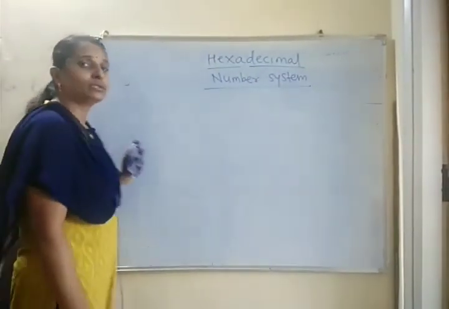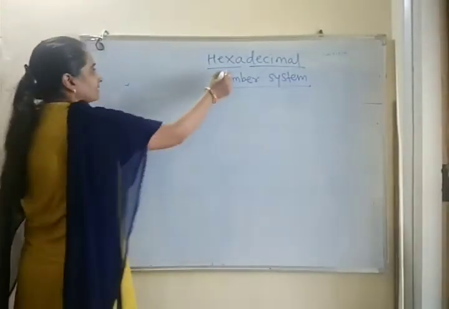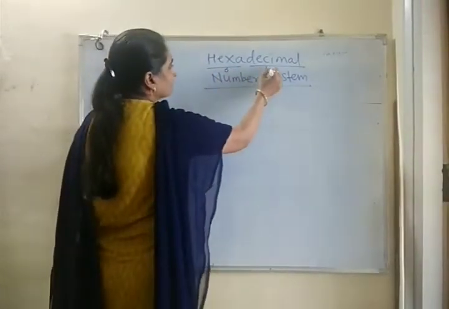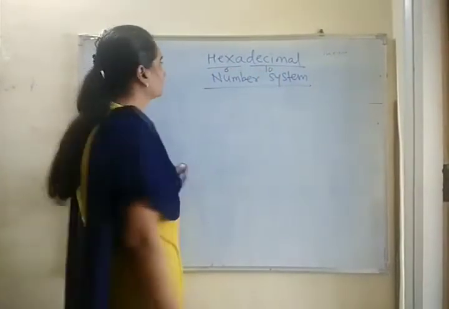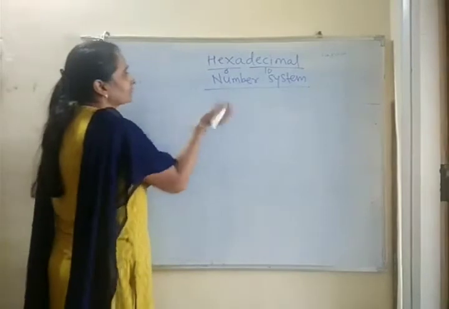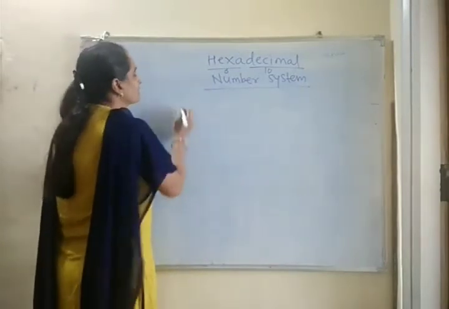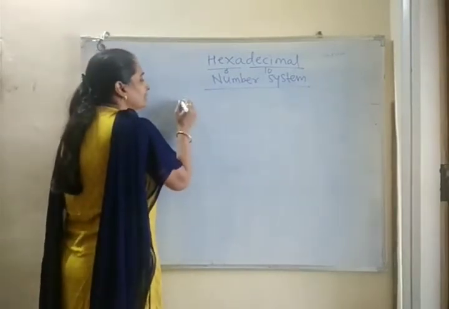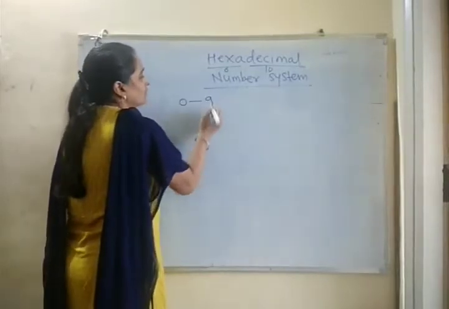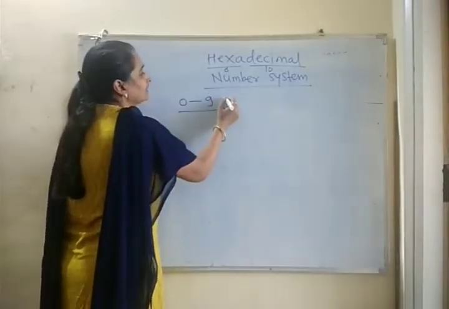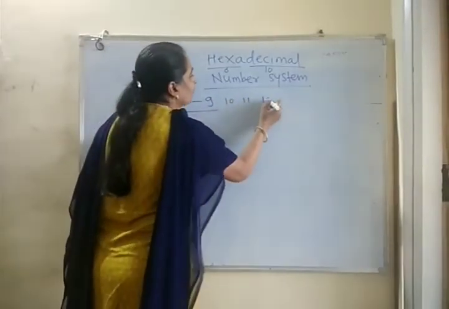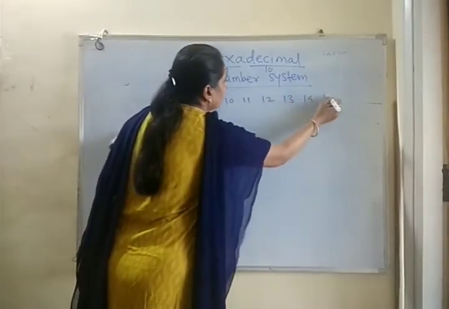Hexa means 6 and decimal means obviously 10. So which 6 numbers are included in hexadecimal numbers? Decimal number means 0 to 9. After this, 10, 11, 12, 13, 14 and 15.